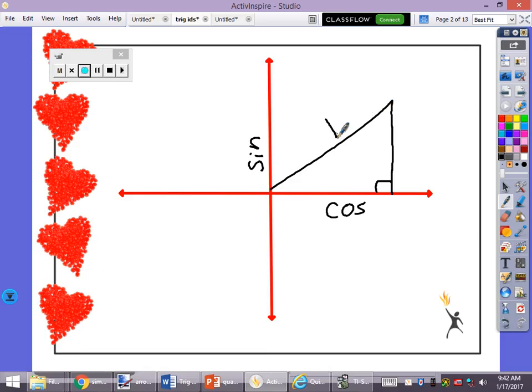Great. What can I label this? It's moving in the direction of the y-axis, so I can label it y. y is what? Thank you, sine.